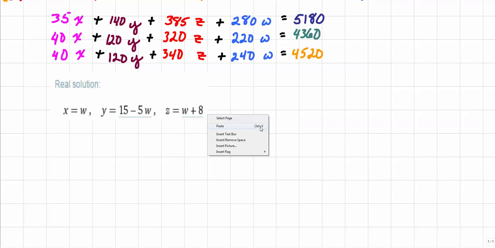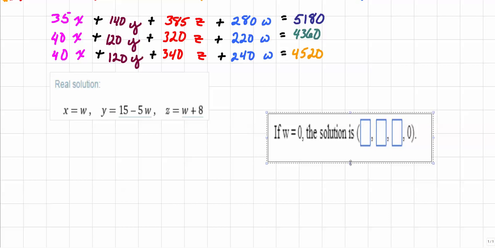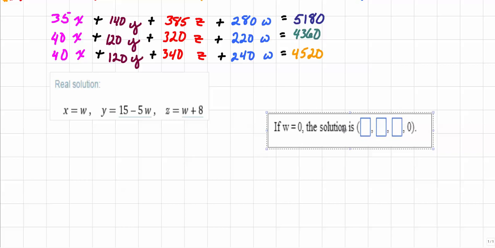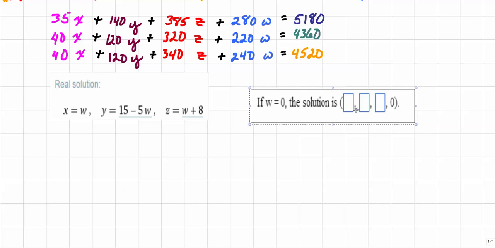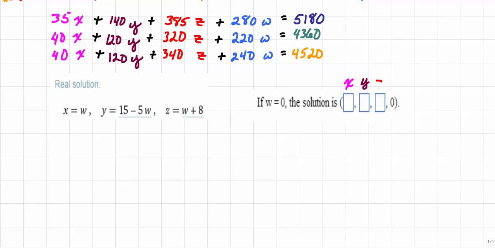It says if w equals 0, the solution is, and then there are three empty boxes. They represent x, y, and z. This will be x, this will be y, and this will be z. And this last one represents the w that we are using.